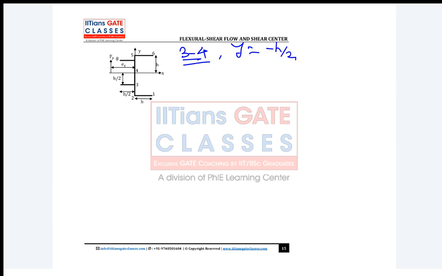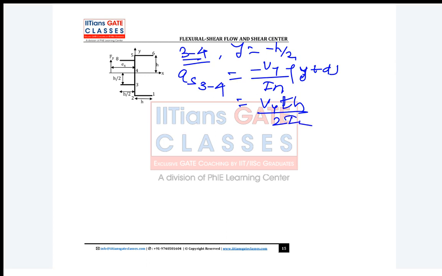Substituting in this equation, Q_s 3 to 4 will be minus Vy upon Ix integration t y ds, which gives Vy t h upon 2 Ix integration ds. When we integrate, again Vy t h upon 2 Ix s plus q_s0.